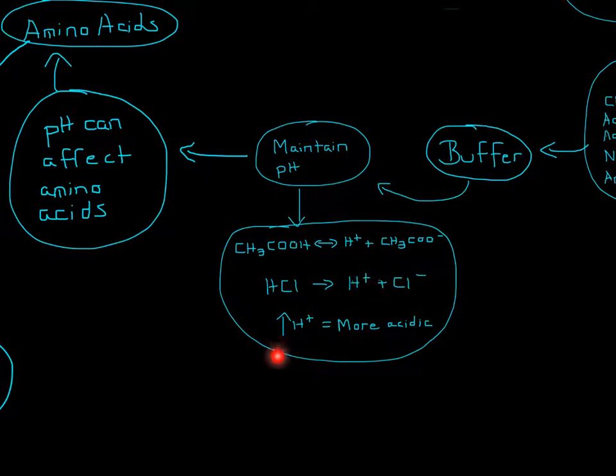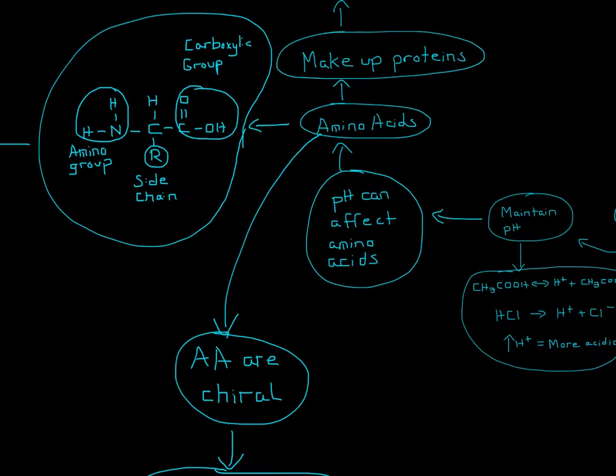An increase of protons causes the solution to become more acidic. Well, what does a weak acid do? It absorbs it. We have acetate, which will absorb this proton that was donated by the HCl, and therefore it will maintain the pH, which is a really vital role, for example, in maintaining our blood pH.